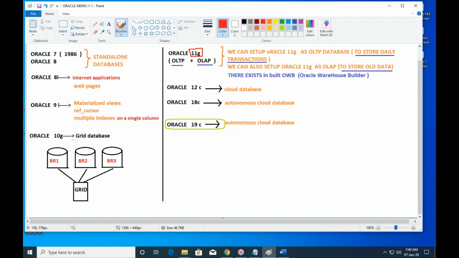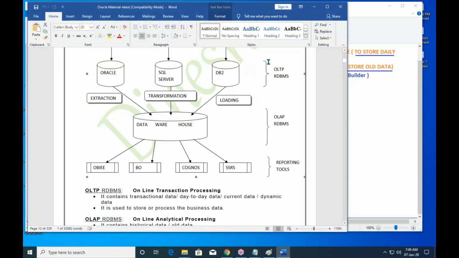Up to Oracle 10g, you could only set up the Oracle database as an OLTP database like this, only at this level.